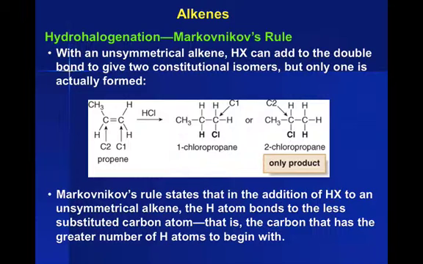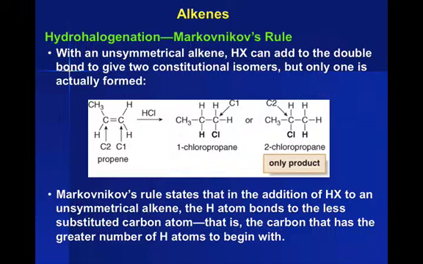So let me number. Where's the hydrogen going to go and where's the bromine going to go? Because of what rule? Markovnikov's rule. That's right. That's the product we're going to get.